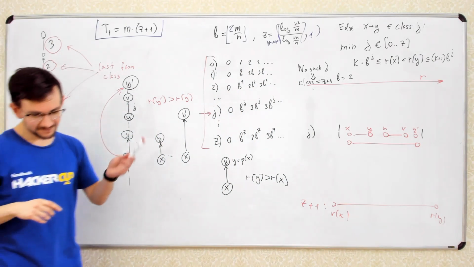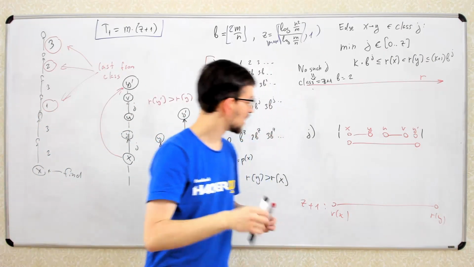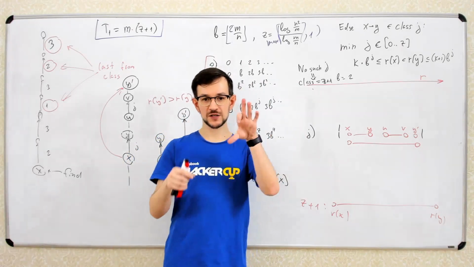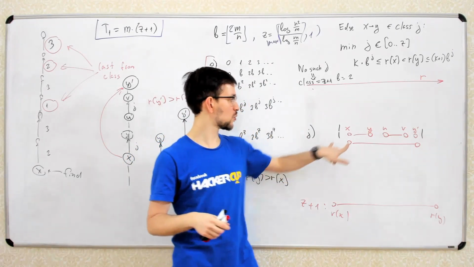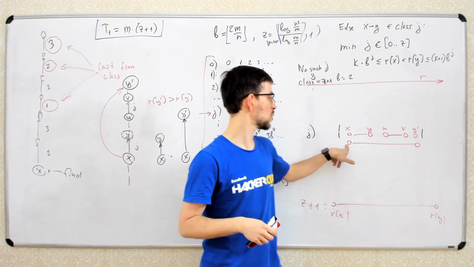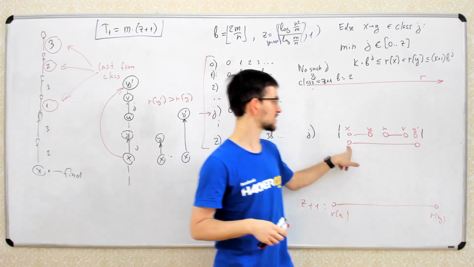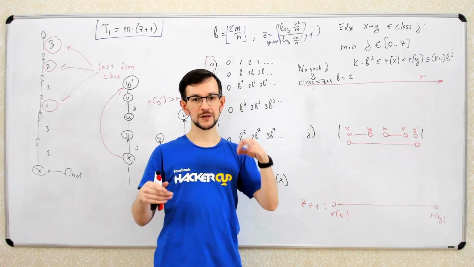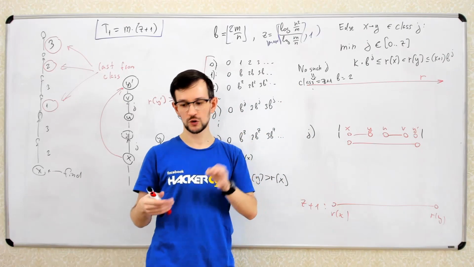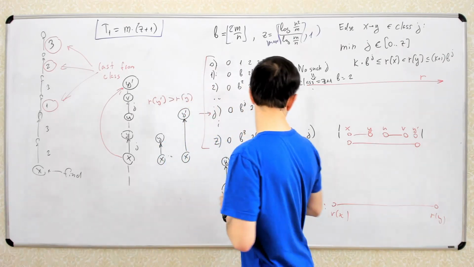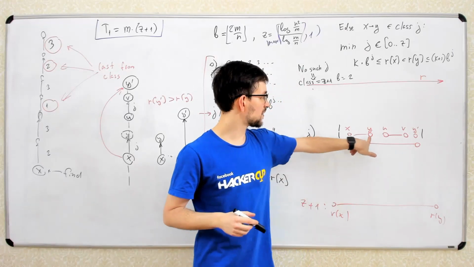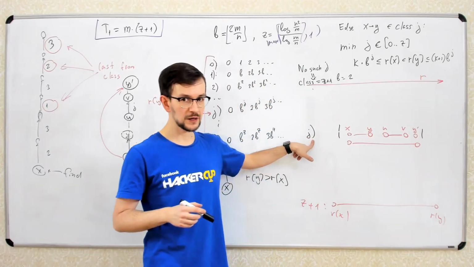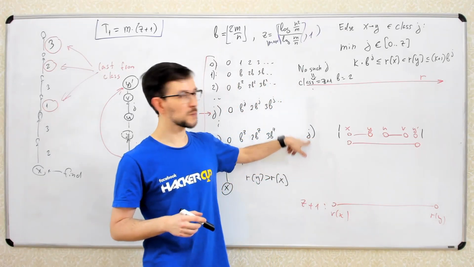Now, let's see. The class of this edge may stay the same. If we have this edge and this edge, then the class of this edge is the same. But it may not happen for a very long time, because if this edge belongs to class J, it does not belong to class J minus 1.